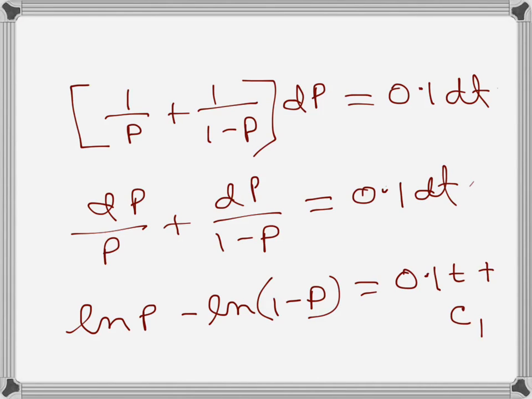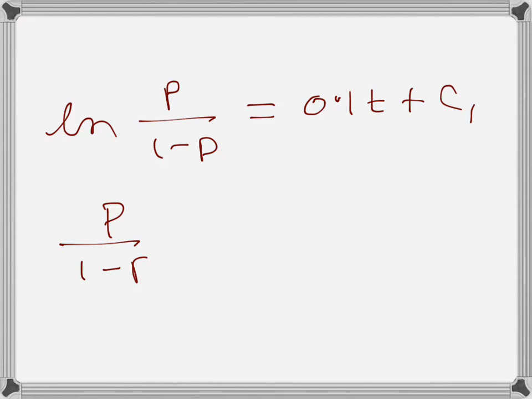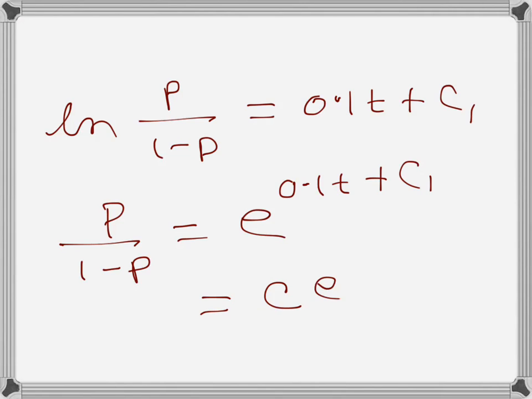So this can be written as ln of P over (1 minus P) equals 0.1 t plus c1. Now this can be written as P over (1 minus P) is equal to e to the power 0.1 t plus c1.